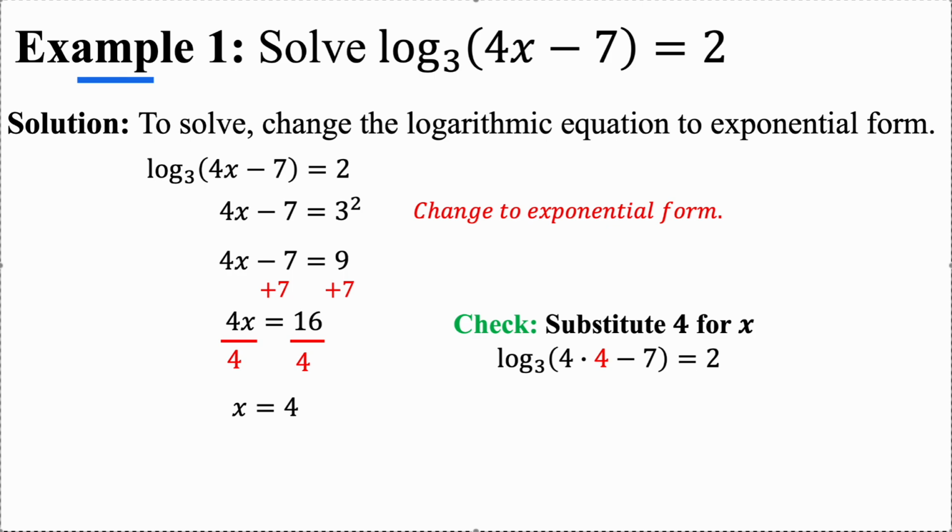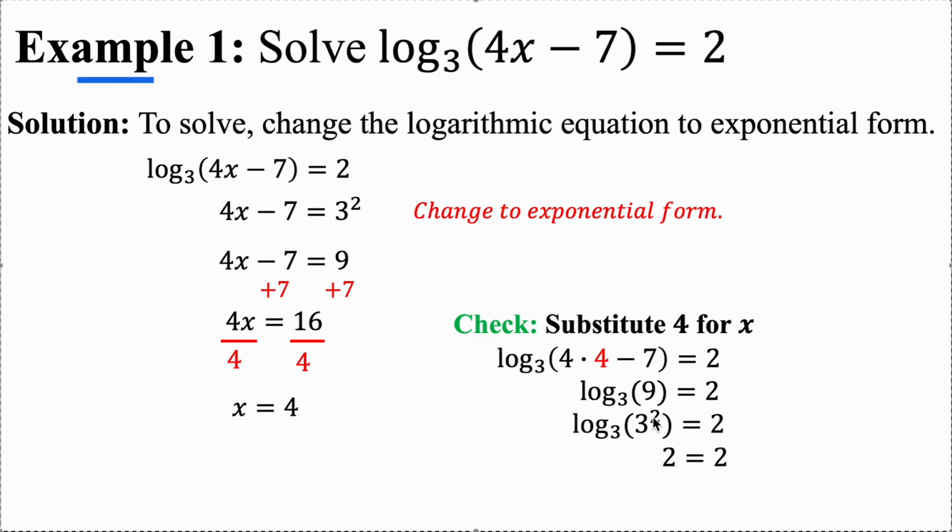Let's simplify what's inside the parentheses. 4 times 4 is 16, minus 7 is 9, so you get log base 3 of 9 equals 2. Well, 9 could be written as 3 squared. As long as the base of the logarithm and this base right here, that 3, are the same, your solution would be 2. So you get 2 equals 2.